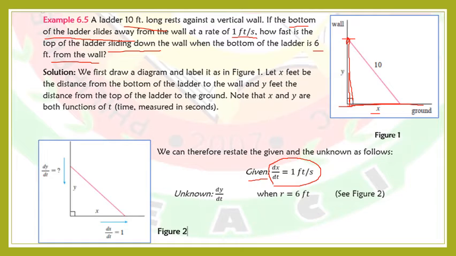Okay, ang hahanapin natin class is yung top ng ladder natin sliding down, pababa siya when the bottom of the ladder is 6 feet from the wall. So, ito yung mangyayari, dy over dt. Bababa yung hagdan, diba, yung ladder, kasi mag-slide man. And then, of course, change din yung rate ng dx over dt natin. Of course, mag-move din yung ladder, bottom ng ladder natin dito. Okay, so yun yung hahanapin natin ito.